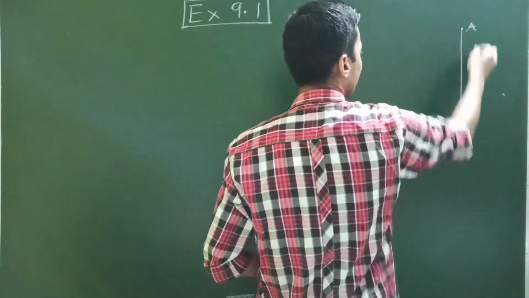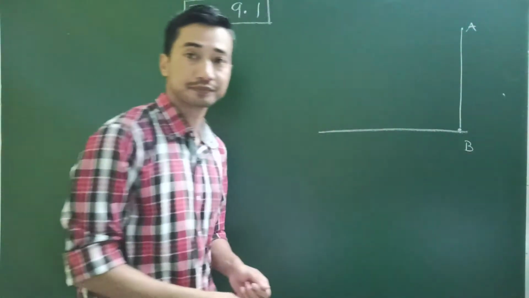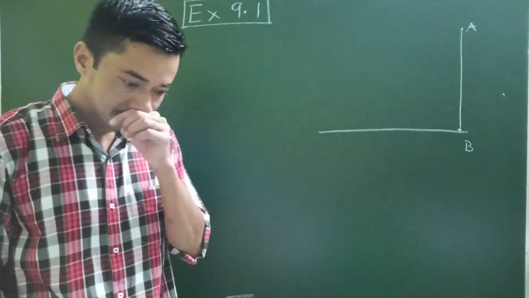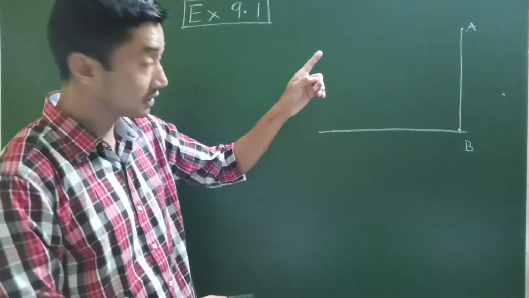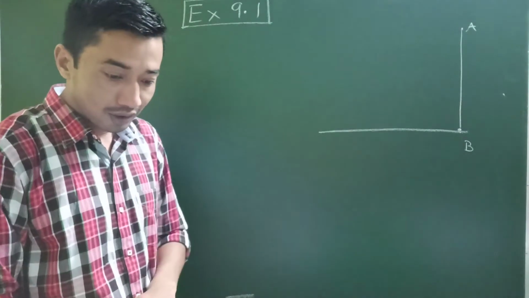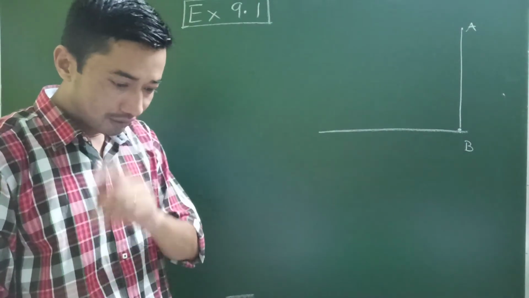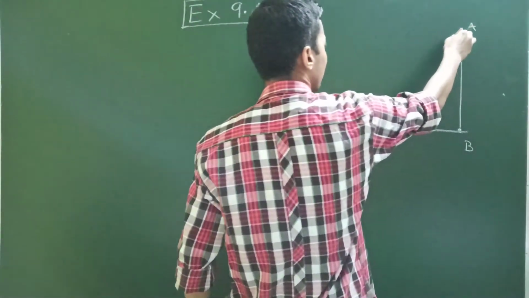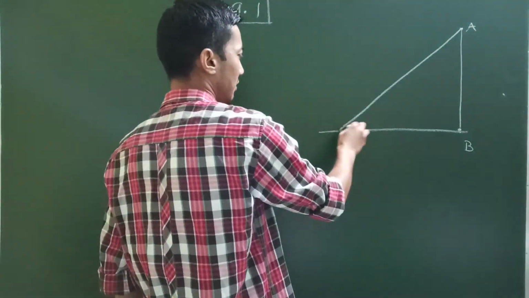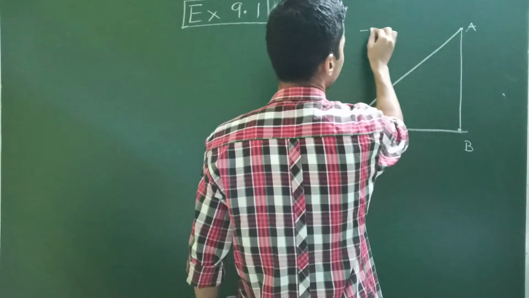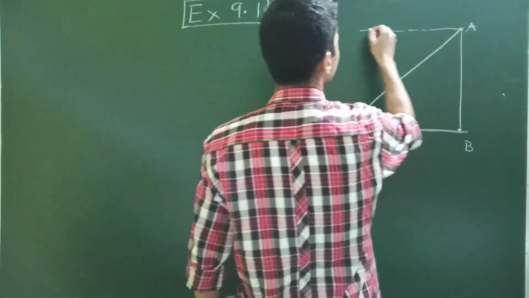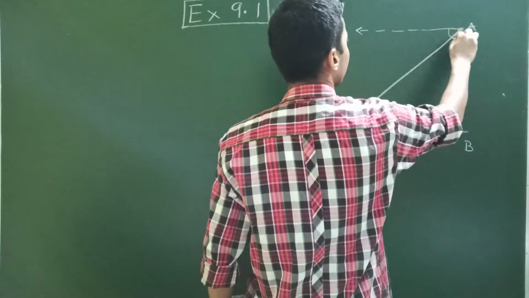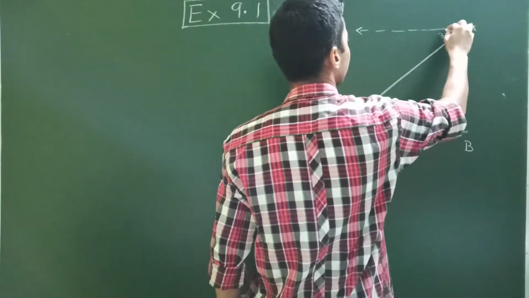So let this be our tower. A man standing at the top of the tower, that is at the point A, observes a car at an angle of depression of 30 degrees. So from here, maybe he is observing a car somewhere around here, whose line of sight is going to be this. Angle of depression is 30 degrees.